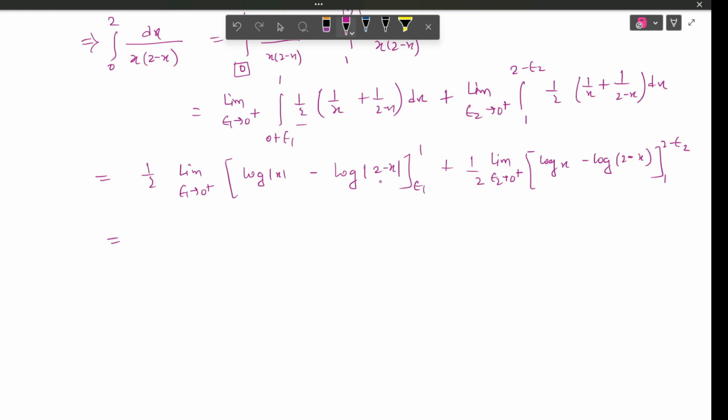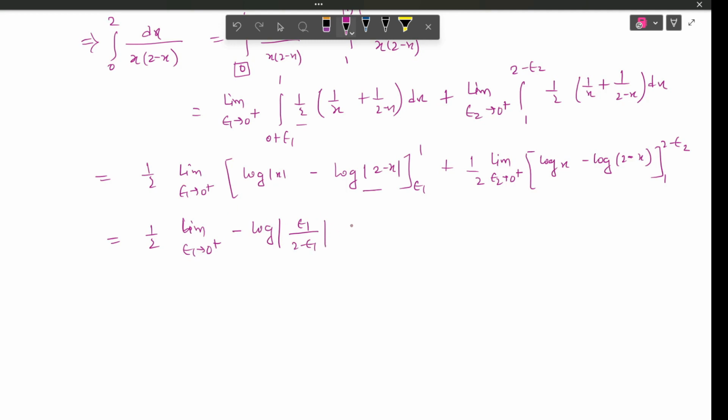log of a minus log of b, but here for this we have taken upper limit minus lower limit, so minus minus will be plus, and this will be upper limit is 1 minus lower limit, that is minus log of epsilon 1, so it would be half of limit epsilon 1 tends to 0 plus log of minus log of epsilon 1 by 2 minus epsilon 1.